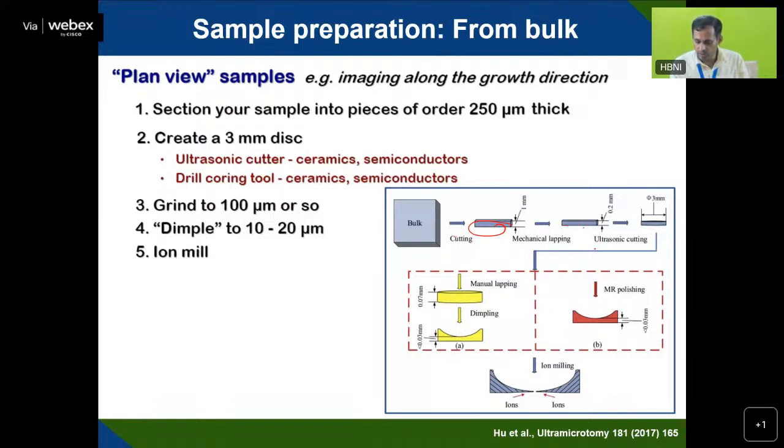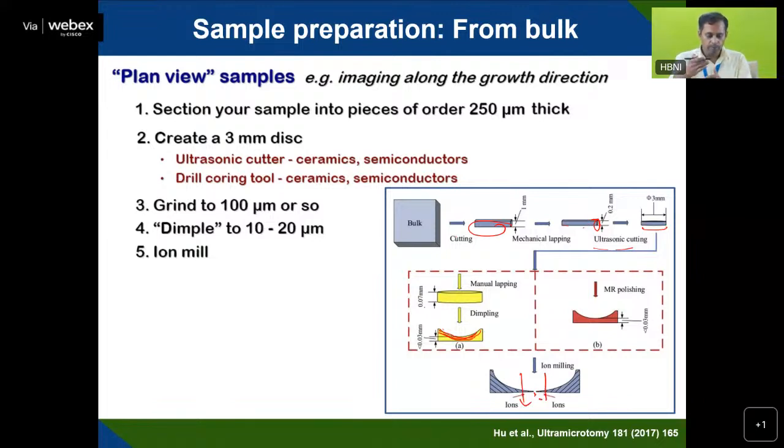Then you have to do dimpling, cutting down the middle layer, then mirror polishing, and then by ion milling you create a small transmitted hole like this, which is very thin, where that electron beam can be transmitted easily.